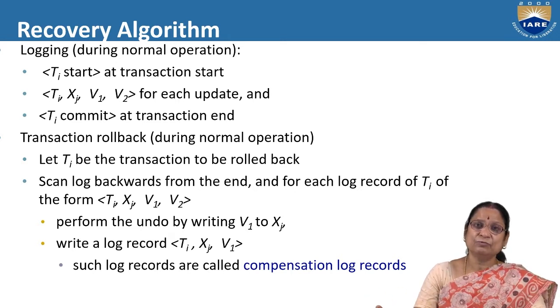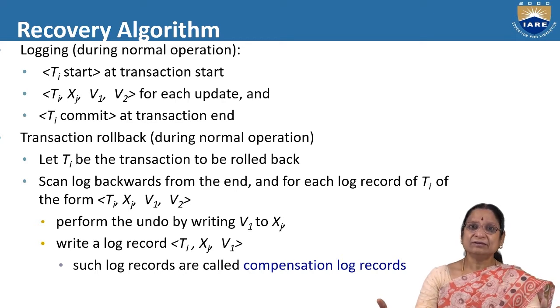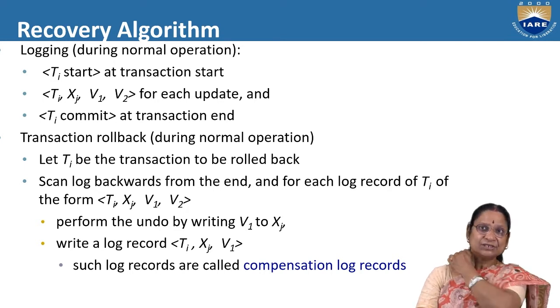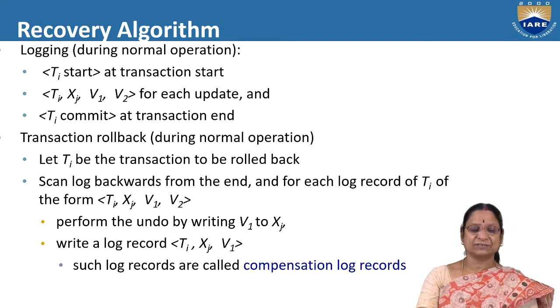Rolled back means that the status of the database before the transaction started must be maintained by us to avoid inconsistency. That's why transaction rollbacks happen during the normal operations.